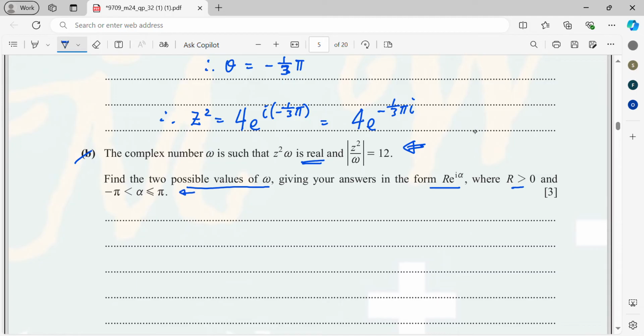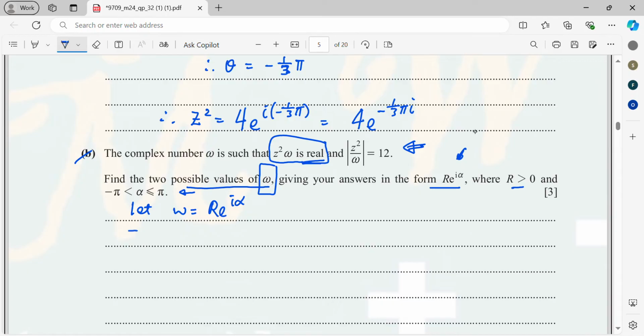Okay, so now since you need to find omega or w in this form, I will just let w be re^(iα).